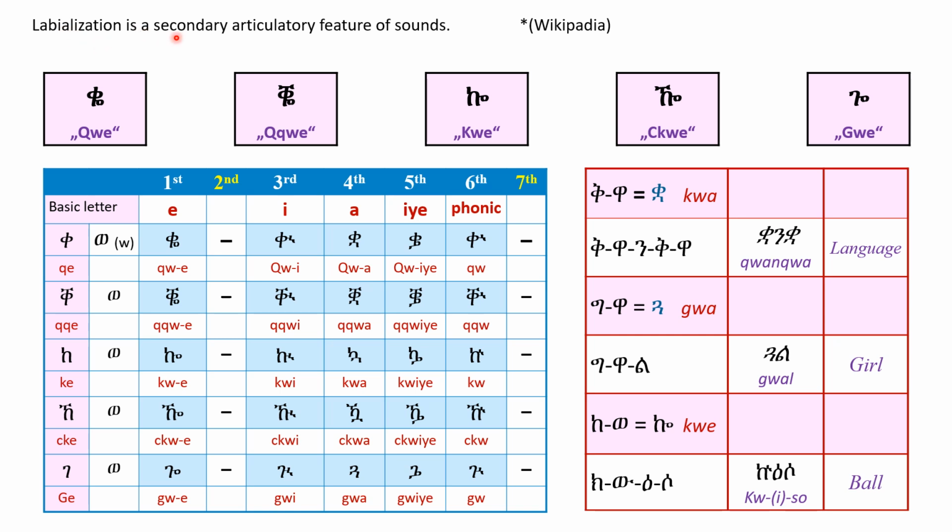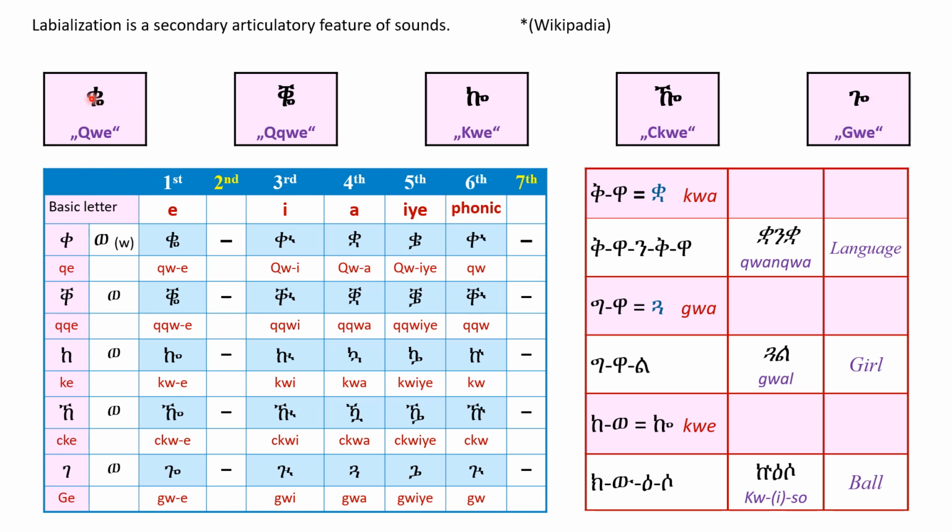Labialization is a secondary articulatory feature of sounds. Here we can see how we form the letters que, hue, and gue.